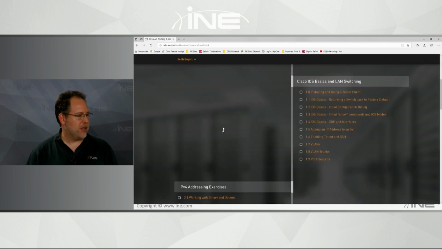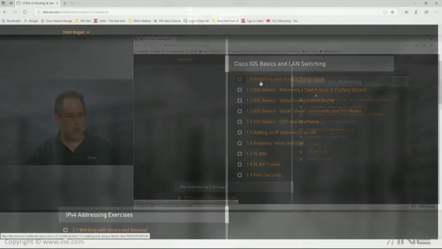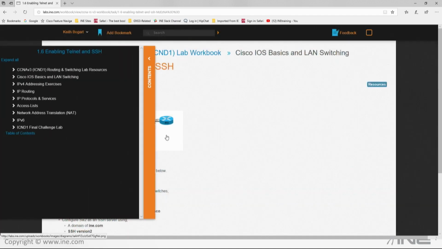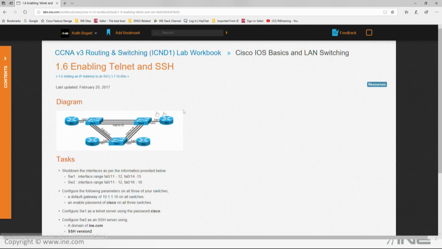Okay, so for example, this is what the workbook looks like. Each one of these things here in orange is what we call a lab task. So you see there's multiple tasks. So for example, if I click on task 1.6, this is the topology you're going to be working with.